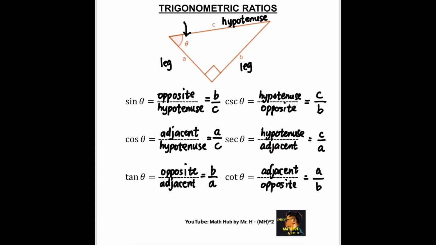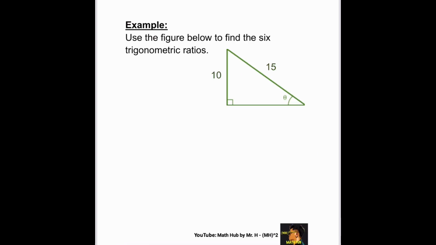All right, so to understand this further, let's have an example. Use the figure below to find the 6 trigonometric ratios. As you can see here, we were given a right angle triangle in which two sides are given.